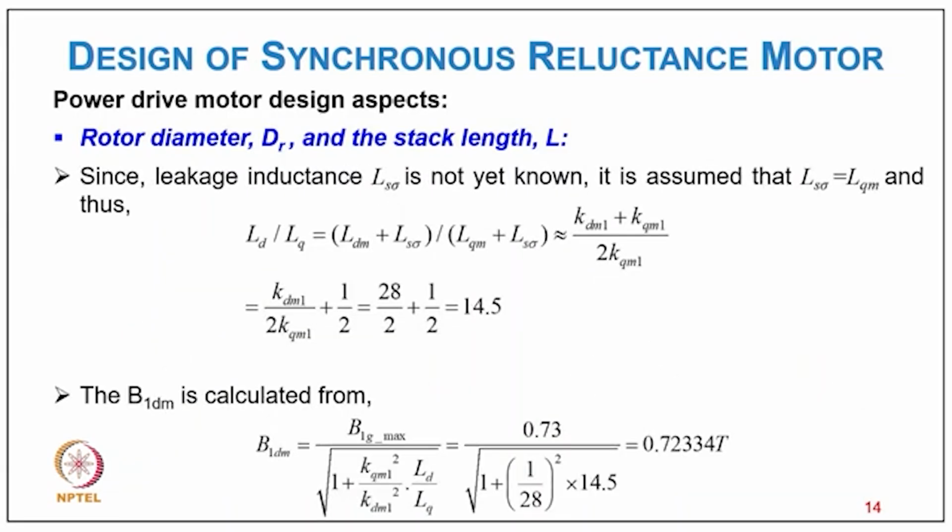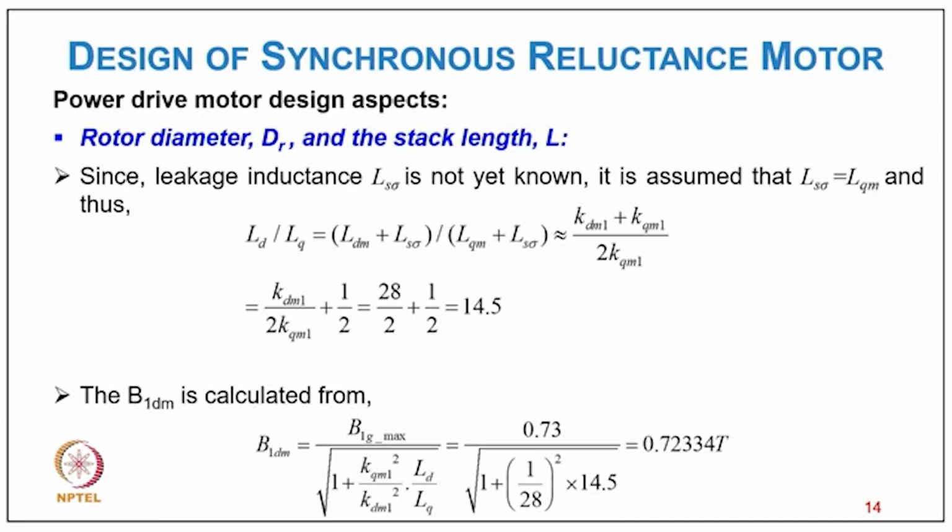Now, since the leakage inductance L sigma is not known, it is assumed that L sigma is equal to LQM, and thus LD upon LQ equals (LDM plus L sigma M) divided by (LQM plus L sigma M), and (KDM1 plus KQM1) divided by 2 KQM1 equals KDM1 upon 2 KQM1 plus half, that is, putting in the value, 28 by 2 plus 1 by 2, that is 14.5.